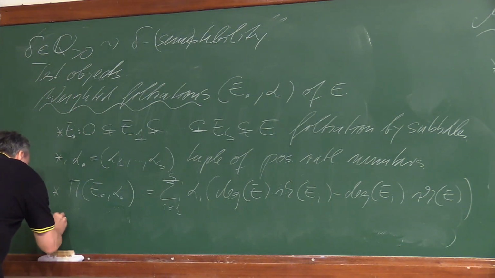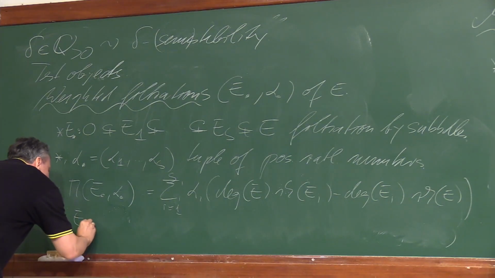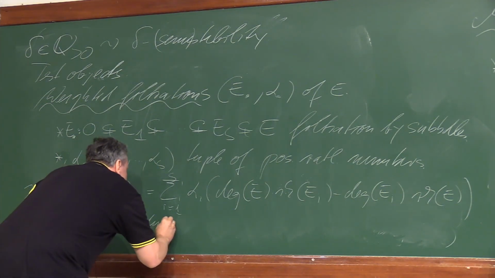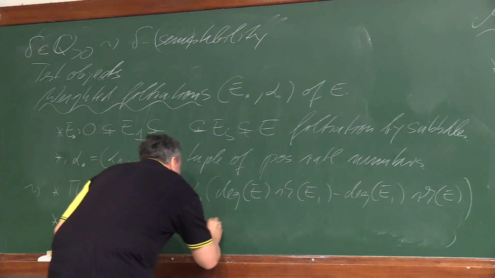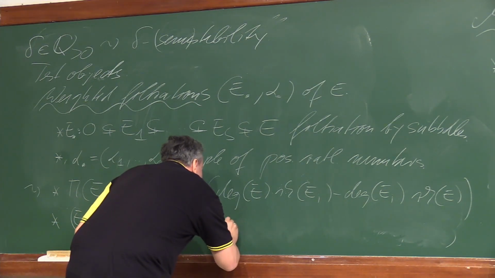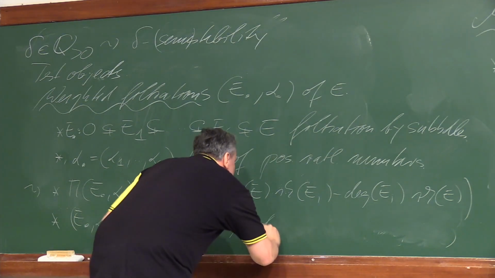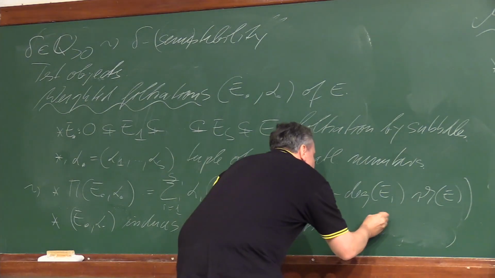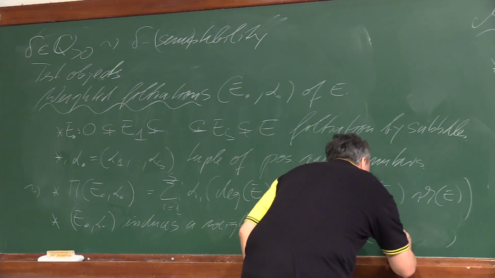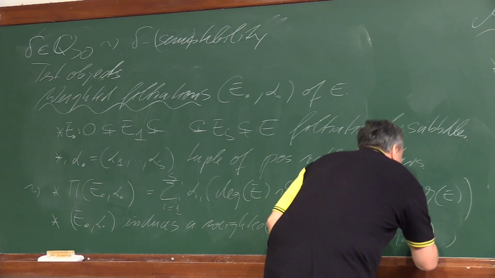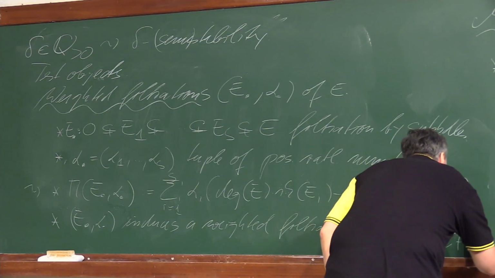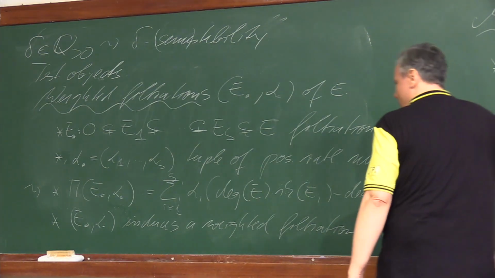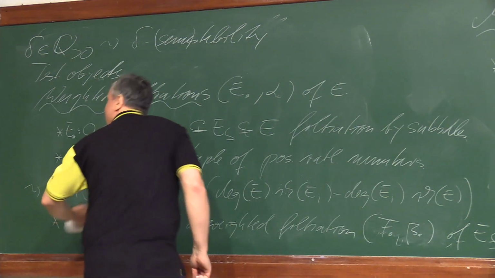And the second thing, which will be important, is that this induces a weighted filtration F with beta of E_rho, which might be longer than our original filtration.